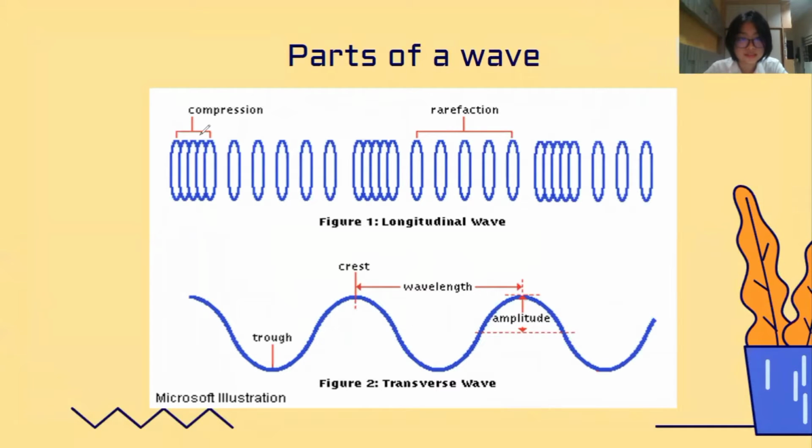So as you can see here, this is compression. Compression is the part where it's more compressed, and the longer, not compressed part is called the rarefaction.